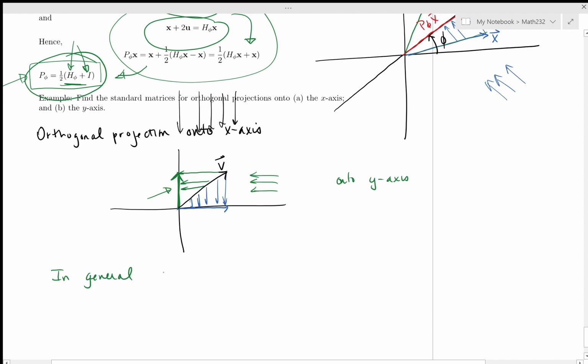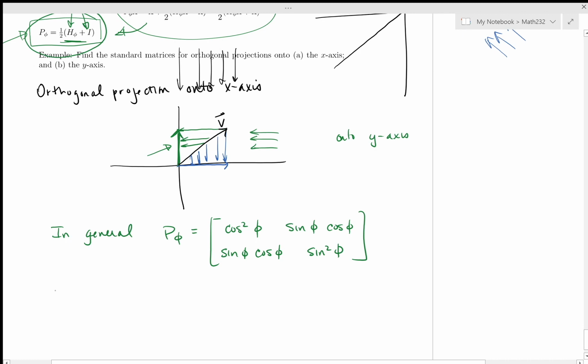In general, p phi is equal to the matrix with entries cos squared phi, sine phi cos phi, sine phi cos phi, and sine squared phi. Okay, that's what happens. So now let's take a look when phi is 0. When phi equals 0, that is projection onto the x-axis.